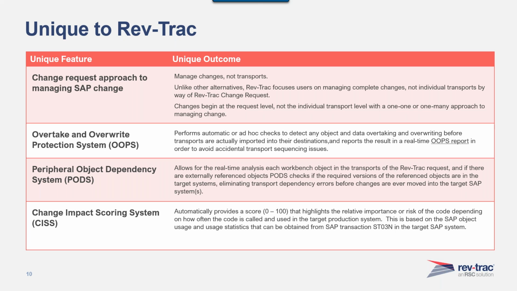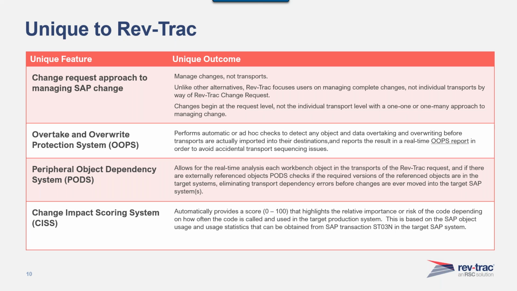For existing customers, this might be interesting: in a release this year, just in 2022, we've made some changes, not huge changes, because this is the lifeblood of Rev-Trac, but we've changed the timing of when the OOPS message pops up as you're doing your approval. So it actually happens a little bit earlier, before you do your approval, which can make it a little bit more efficient. We've had some good feedback about that change.